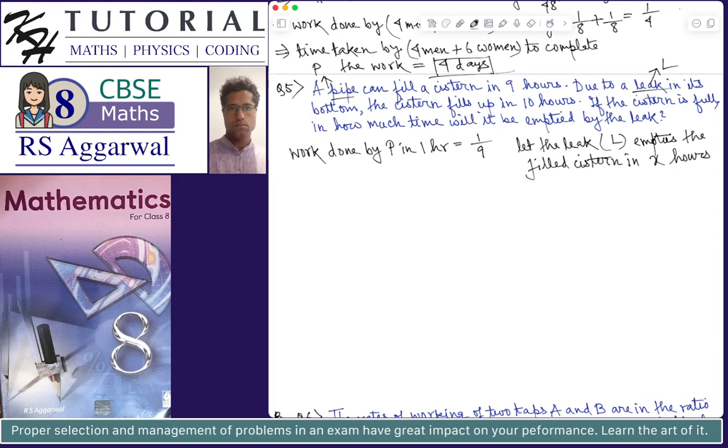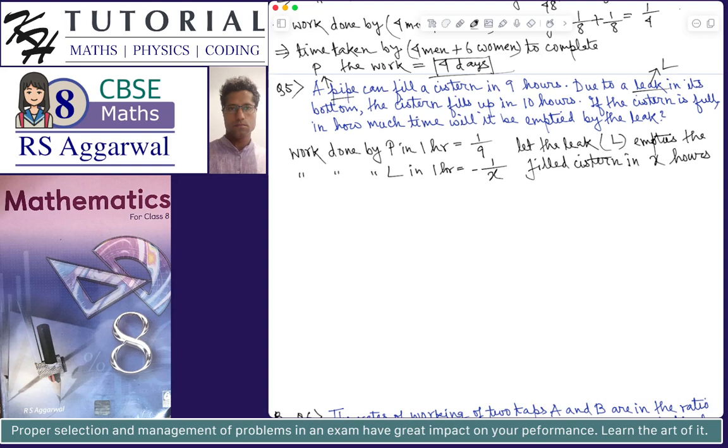So the work done by L in 1 hour will be equal to minus 1 by X. Why minus? Because a leak will act as an outlet, and an outlet always does negative work. Okay, so we have this.